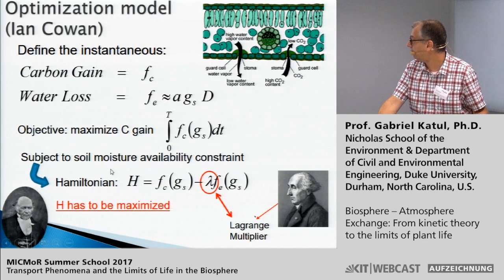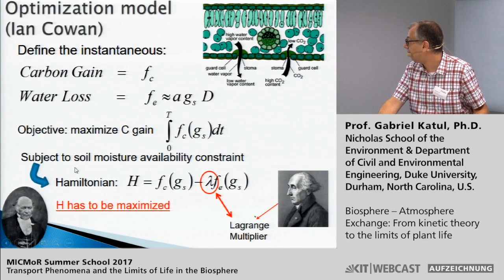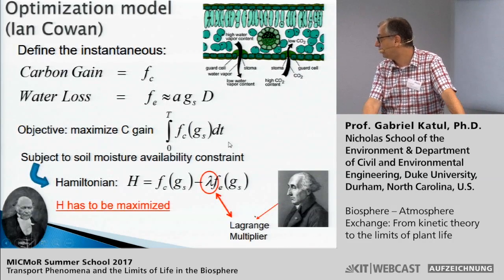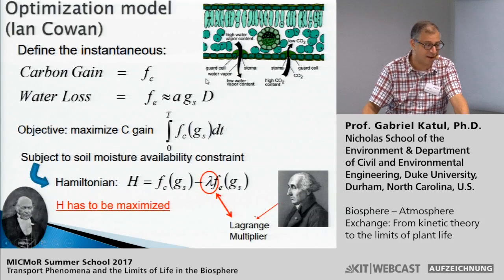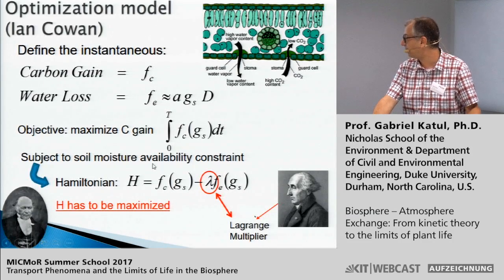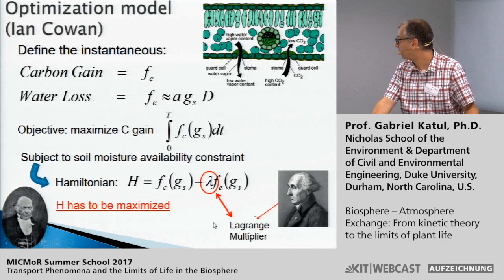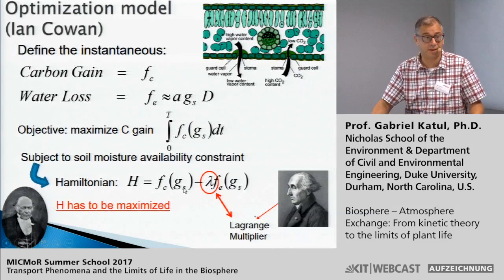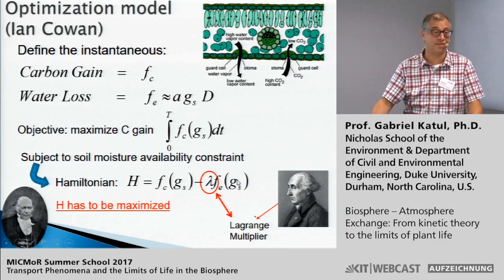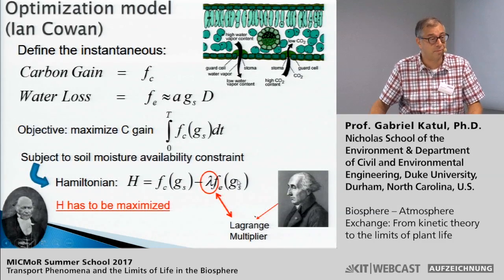And you can always convert a constrained optimization problem into an unconstrained optimization problem using the approach of Hamilton and Lagrange. That's a well-established trick. Constrained optimizations are no different than unconstrained optimizations if you introduce the Lagrange multiplier. So one can write the Hamiltonian as photosynthesis that varies with the control parameter, which is stomatal conductance. Water vapor losses can also be expressed as a function of this control parameter.